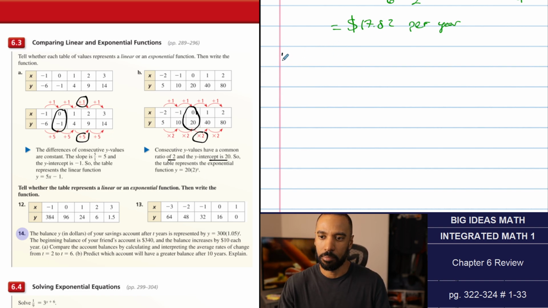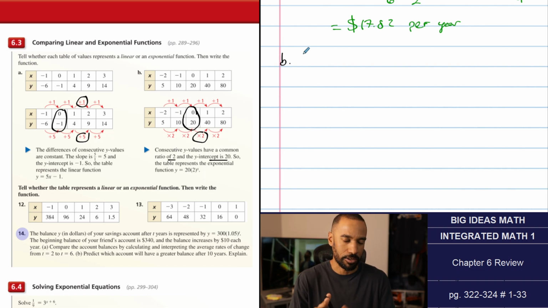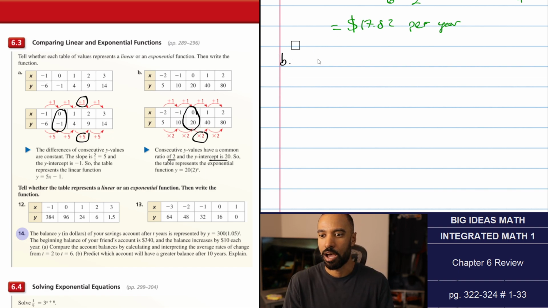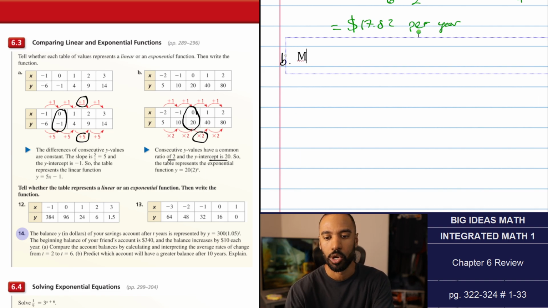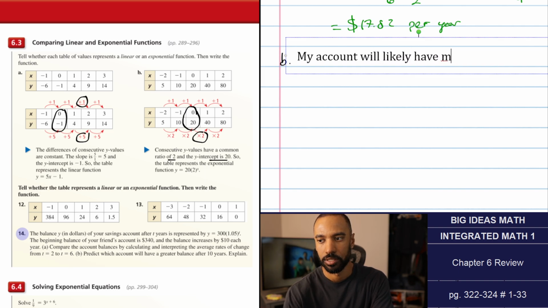Now, this is without me actually calculating it. This part of the conversational piece they want to have is how exponential functions dominate linear functions over time. So my account will likely have more after 10 years.